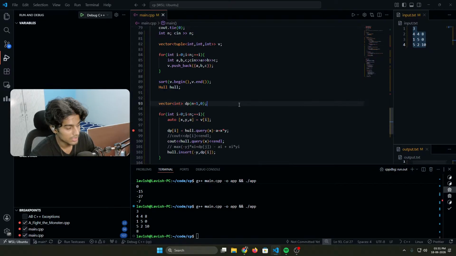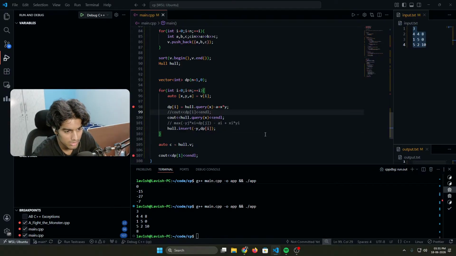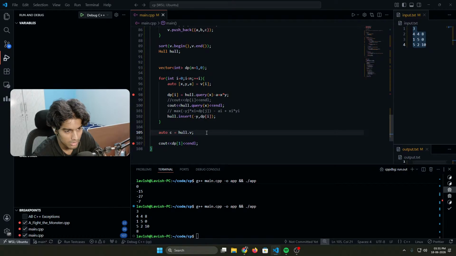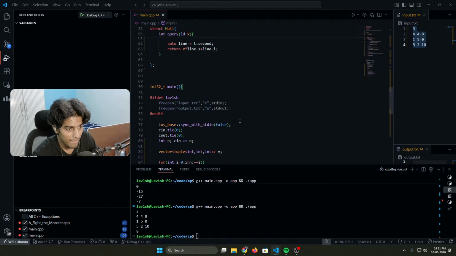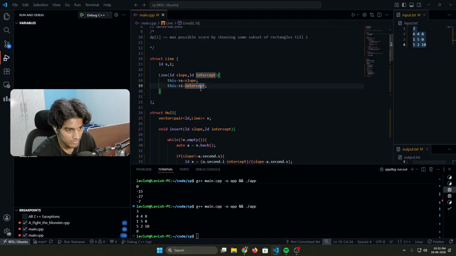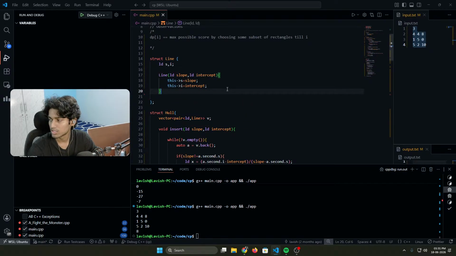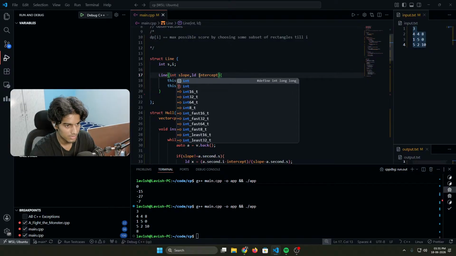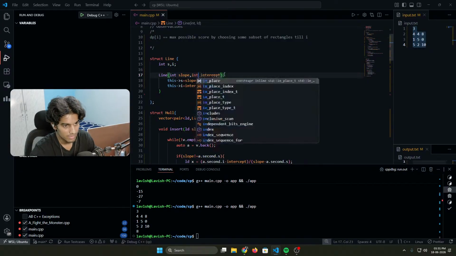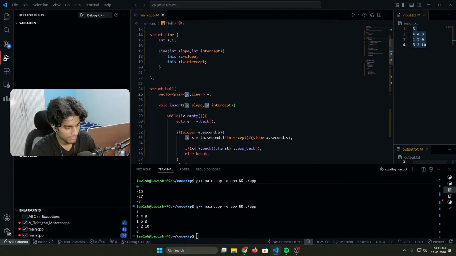Let's also keep dp as integer because I believe the area of a rectangle is only going to be some integer. So okay, now we have integer values. But like slope and intercept, these two will also be integer values, either negative or positive.